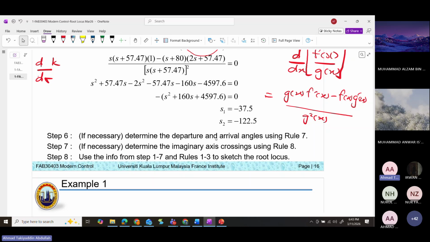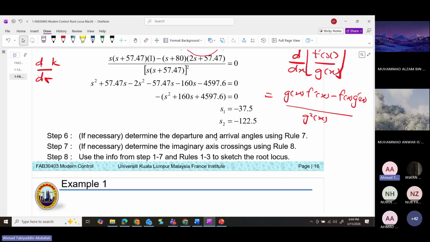But as for the break-in and breakaway point, we can have it considered, but it is still something that will not be clear if we are just referring to the behavior at infinity. The next one will be the departure and arrival angle. We can also refer to the behavior at infinity as one of the references that will help us to know whether or not we are going to have this departure and arrival angle.